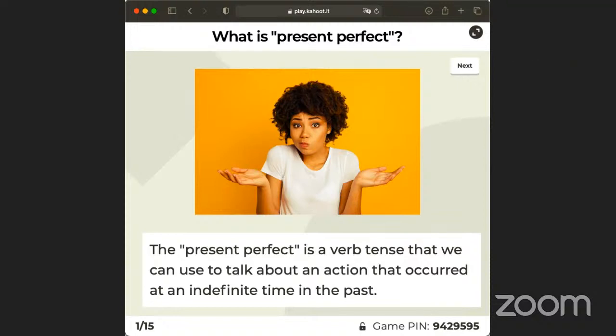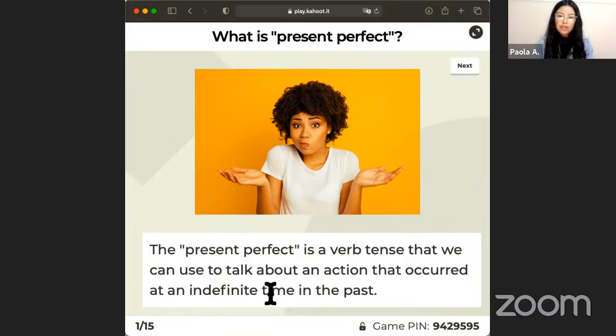All right. So the most important part here is telling us that we can use this to talk about an action that occurred in the past. Even when it's present, it's talking in the past.